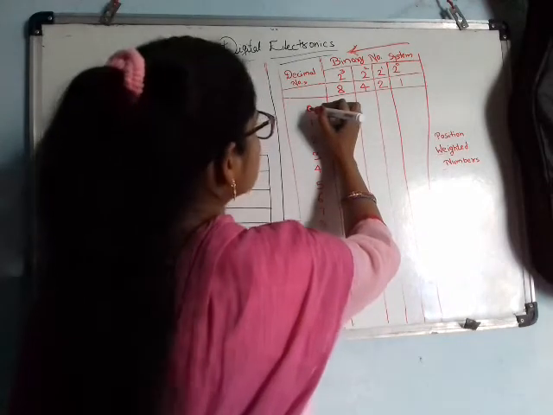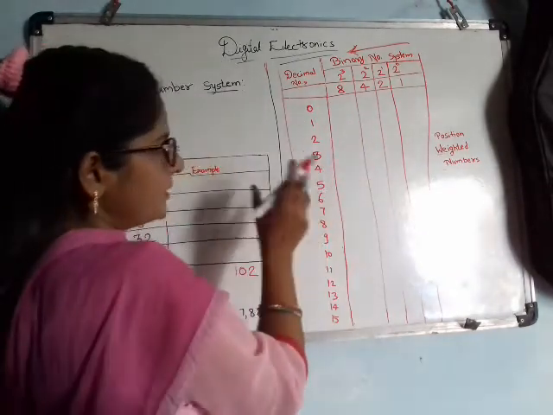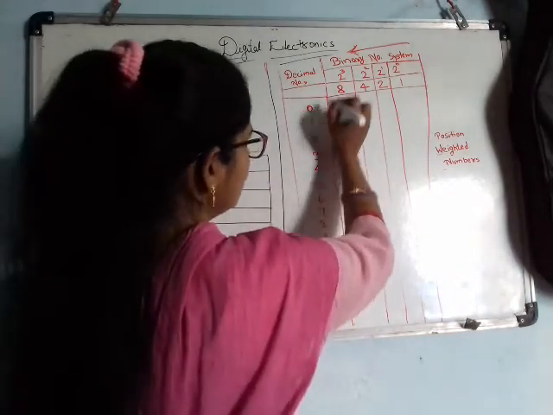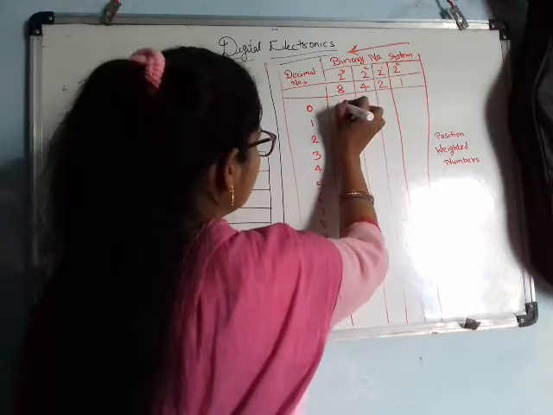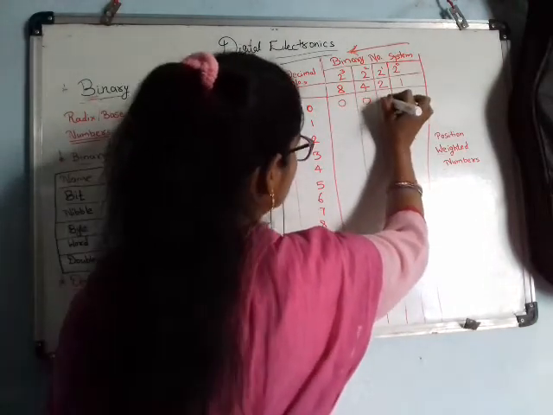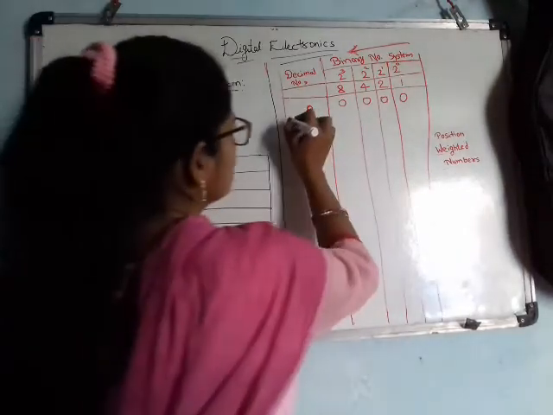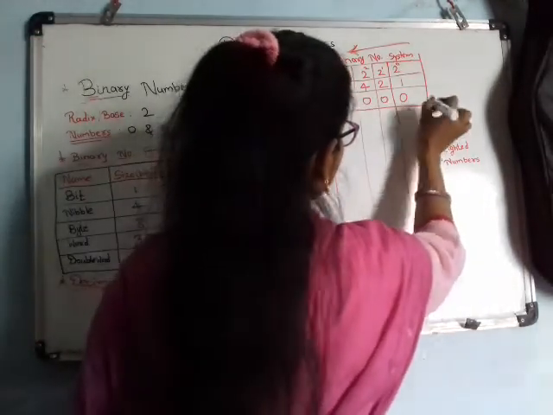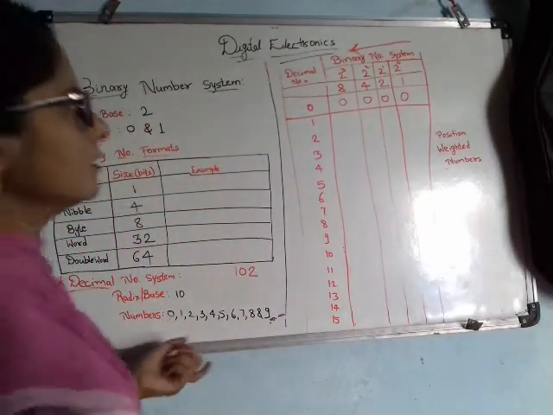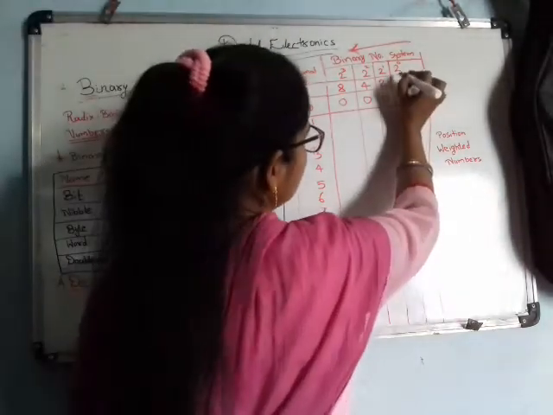If you want to write 0 in the binary number system, simply write 0, 0, 0 and 0. Next we go for 1.